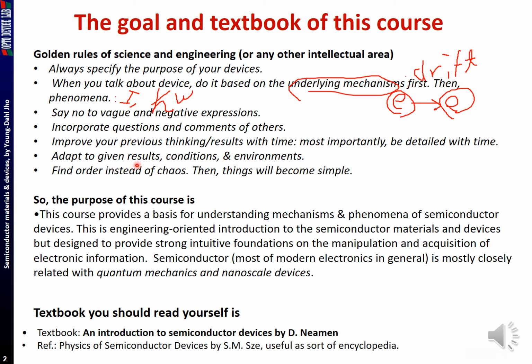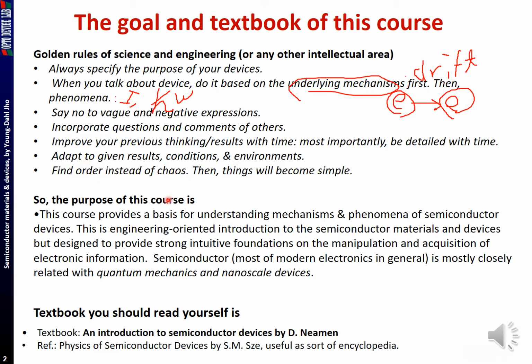Given is always given, and we just accept it and decide what to do in this condition. In that way, you can find the order instead of chaos. If we find the order, then things will look simple.